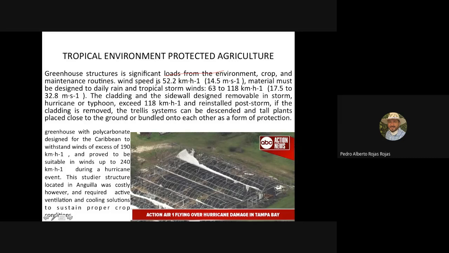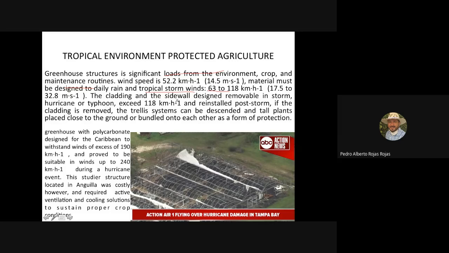And normally in these climates, the wind speed is 52 kilometers per hour, and so the material must be designed for daily rain and tropical storms, whose winds are 63 to 180 kilometers per hour.